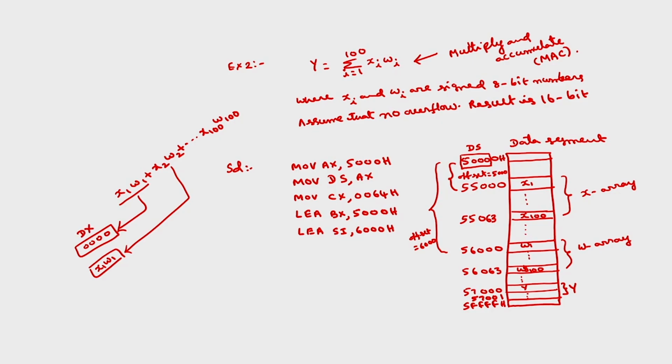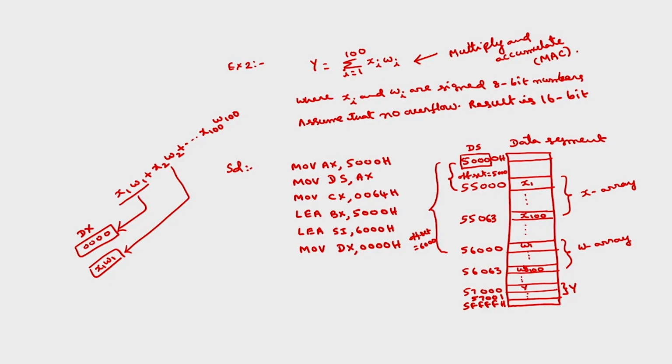Then again you perform x3 w3 and you add it to the contents of DX. That is why I am initializing the DX register with 0000 initially: MOV DX, 0000H. All the partial products I am going to add to DX. Initially I am clearing DX.